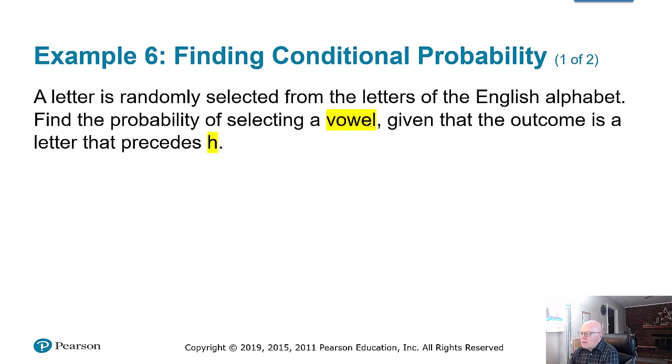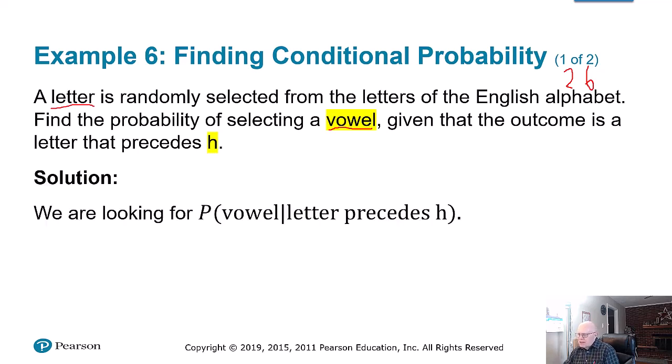So maybe an example here. You're selecting a letter from the letters of the English alphabet, 26 letters of course. What's the probability of selecting a vowel given that the outcome is a letter that precedes H? So this is how it looks.